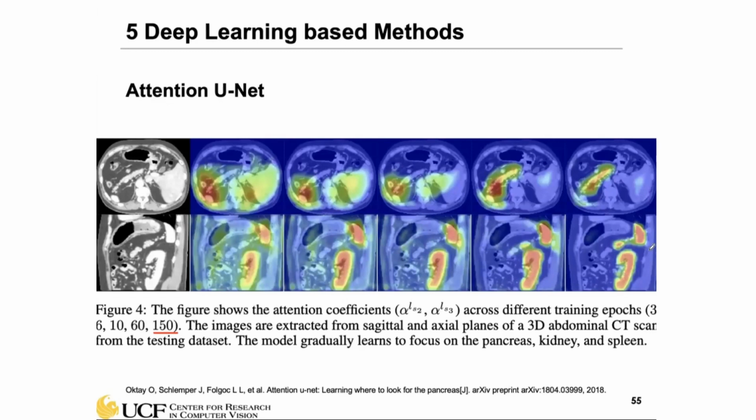So this may be focused on the pancreas, kidney region, spleen region, so they are all very focused on these parts, rather than a large region all having large attention or response. That's how they show how this attention map makes sense, and how it evolves during the training process.